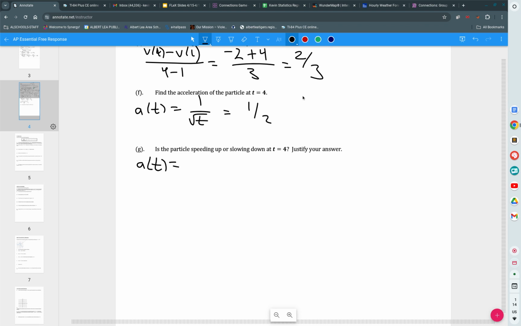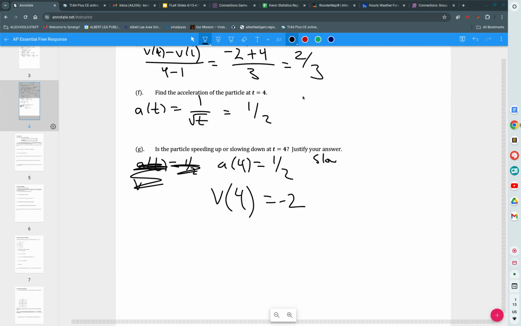Okay, the acceleration at time 4 we've already seen is 1/2. So I should write, excuse me, the acceleration at time 4 is equal to 1/2. That's what we just computed. Velocity at time 4, I would need to plug 4 back into the original, right? And that should produce -2. And so is it speeding up or slowing down?